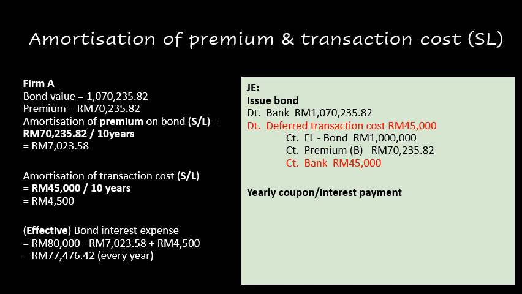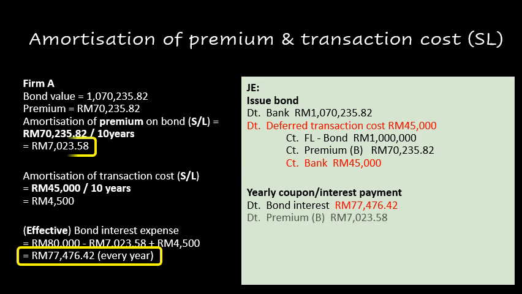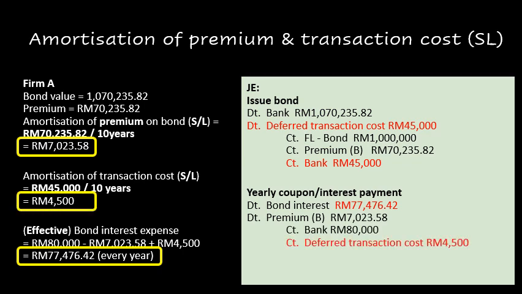So if we were to draft the journal, it will be like debit bond interest expense with the calculated amount including the transaction costs, debit bond premium account to amortize the premium, credit bank account with the promised coupon amount, and credit deferred transaction cost account to amortize the transaction costs.